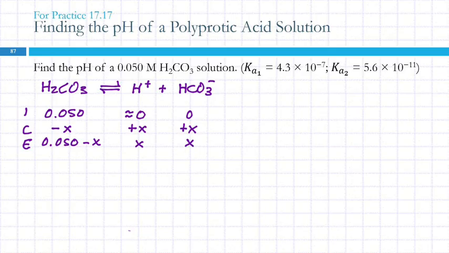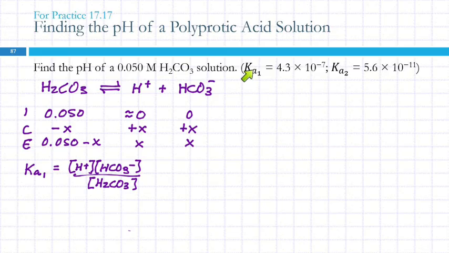Now we'll write the equilibrium constant expression. This is Ka1, because it's the first one. So we've got H plus and HCO3 minus, and down here we have H2CO3. And we've done things just like this recently.